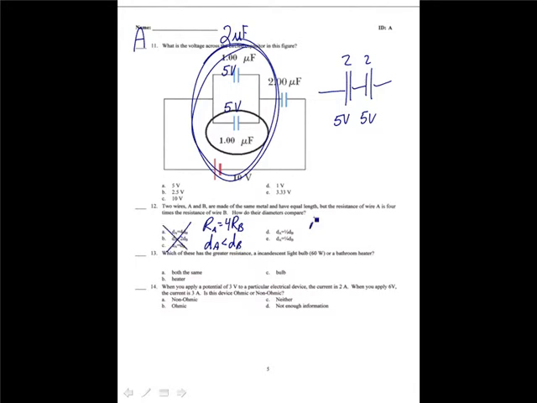Now, resistance is equal to rho L over A, so our area is going to come into play, but area is proportional to diameter squared. So this is proportional to rho L over D squared.